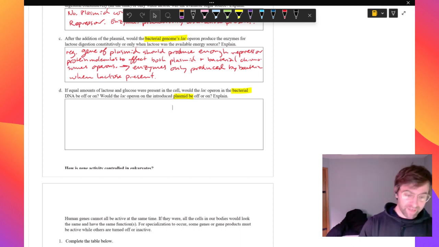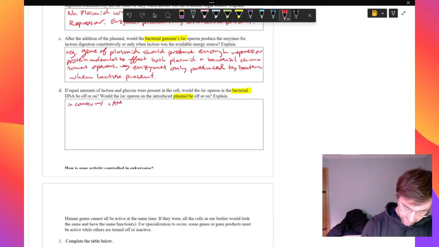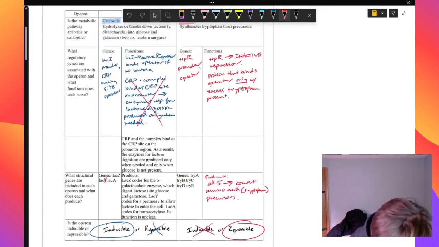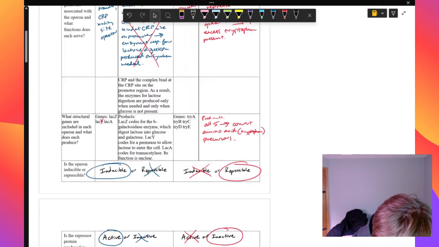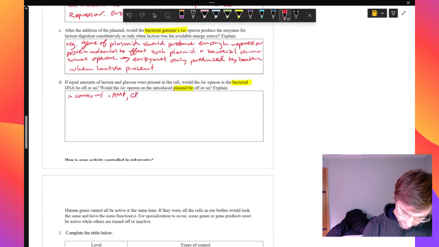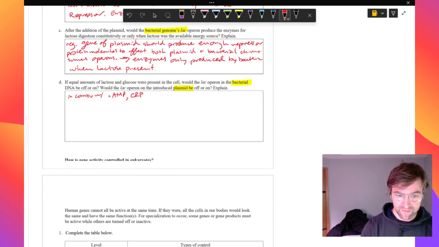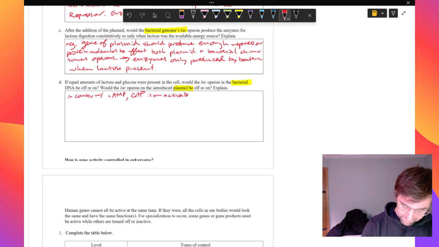In combination with cAMP, cyclic AMP, CRP, catabolite activator protein, is what that stands for. It is CAP. It is an activator of transcription for the lac operon.